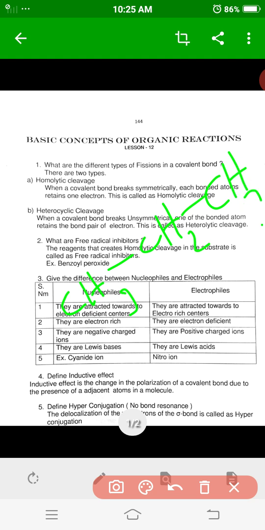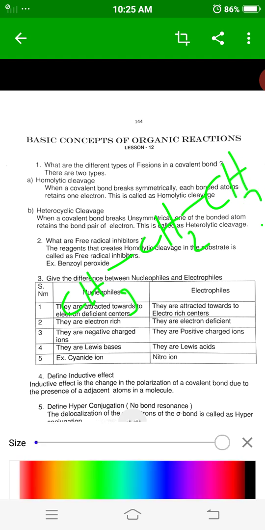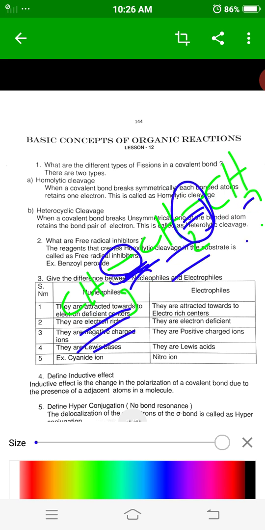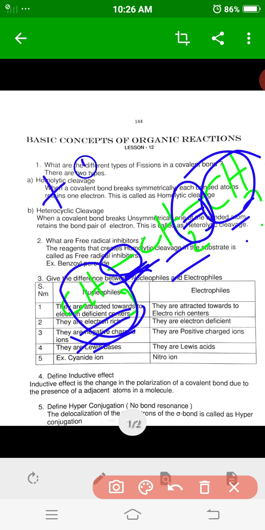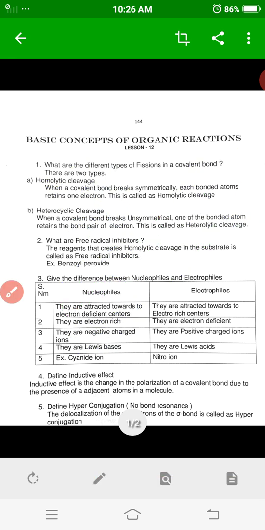The polarization of the covalent bond occurs due to the adjacent atom; the sigma bond adjacent atom effect is the inductive effect. There are two types of inductive effect: positive inductive effect and negative inductive effect. We will continue discussing this in the next class.